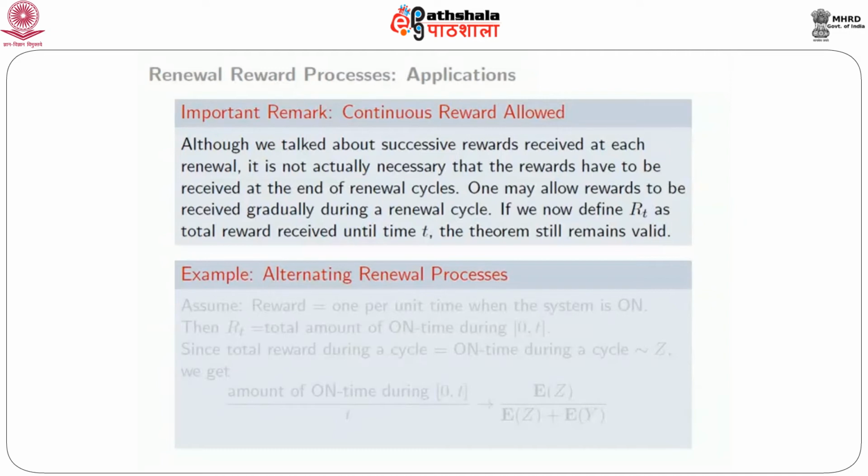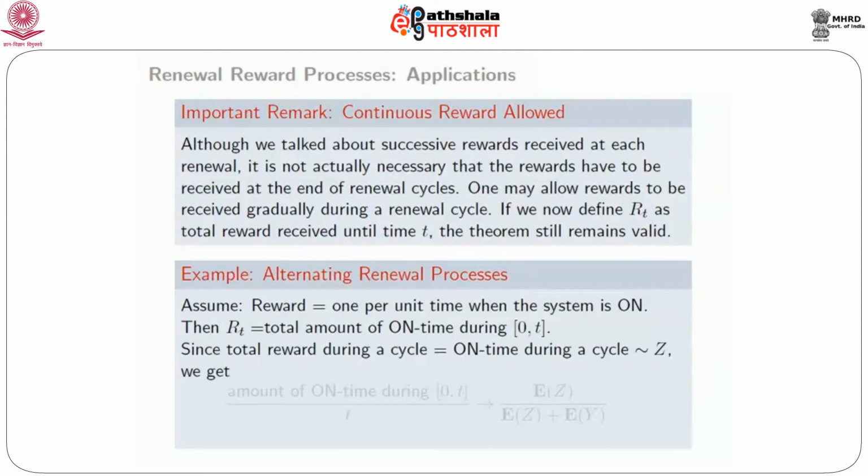So let's go to an example of an alternating renewal process. Assume that the reward is 1 per unit time when the system is on. So during any cycle, during the period when the system is on, your reward is 1 per unit time. No reward for the off time. Then it's clear by the definition that R_t would represent the total amount of on time during 0 to t.